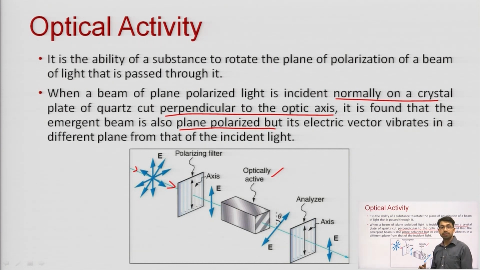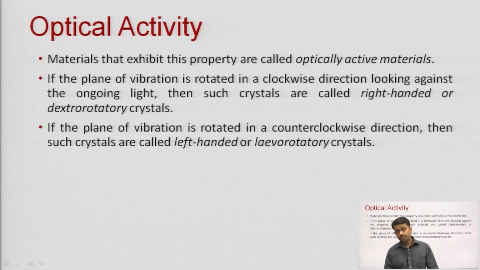So, the plane of polarization is rotated by a certain angle, and this angle depends on various parameters. So, this is optical activity. Materials that exhibit this property are called optically active materials.